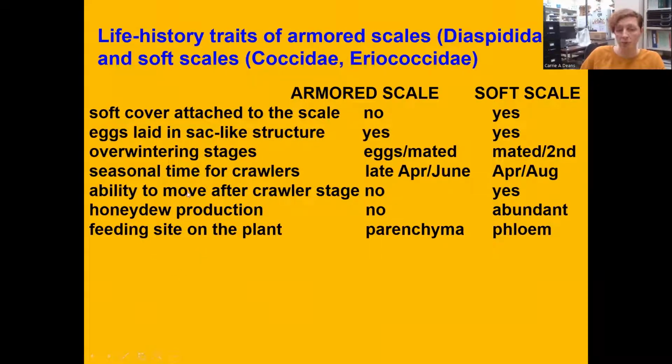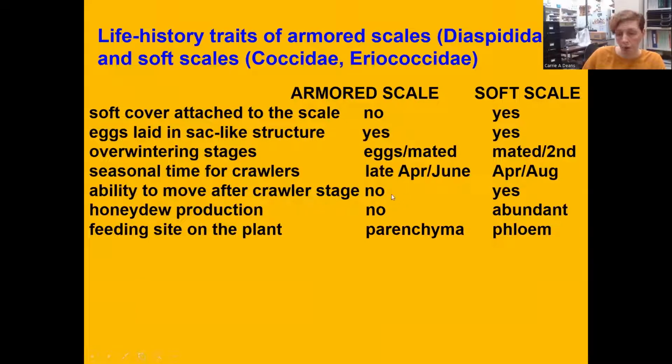In terms of when the immatures are out moving around, crawlers of armored scales tend to be present April through June, so just during the late spring, early summer. For soft scales, crawlers can appear from April to August, so it's a much longer period. We talked about the ability to move once they reach the adult stage.